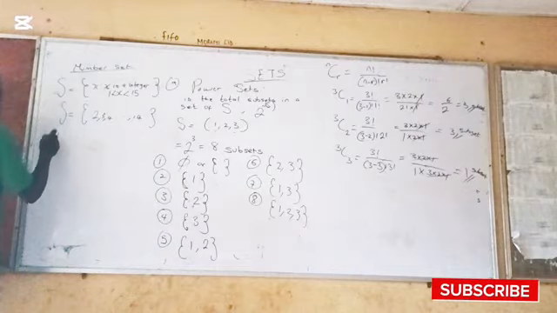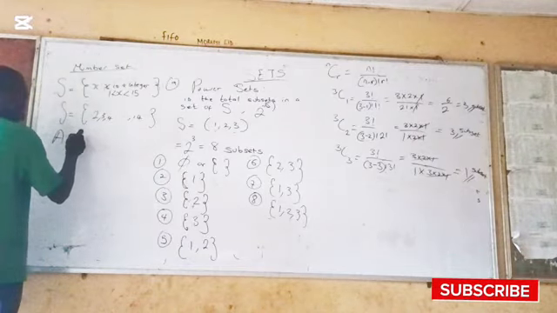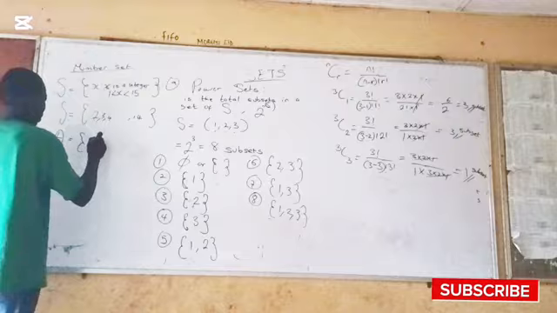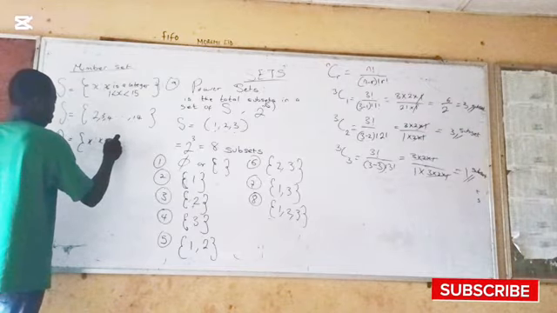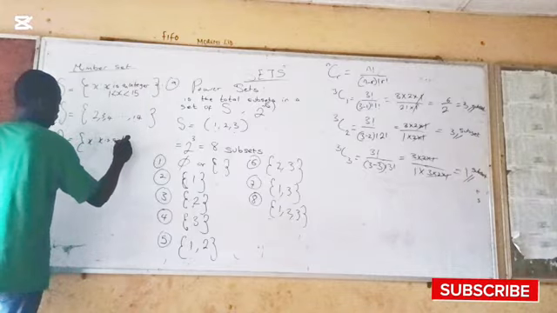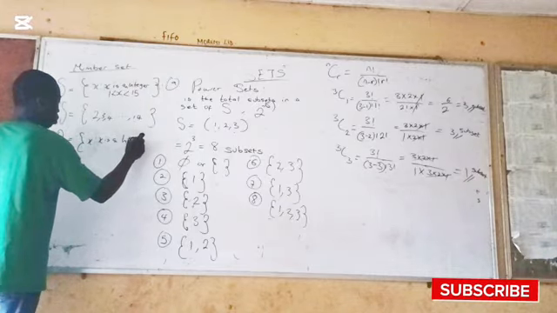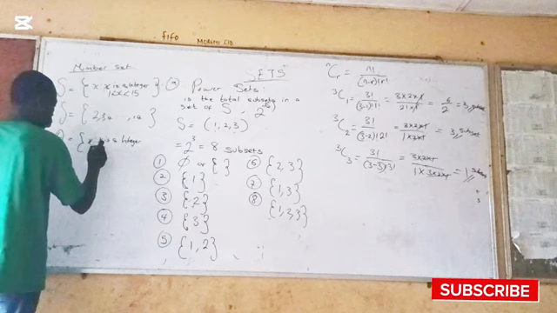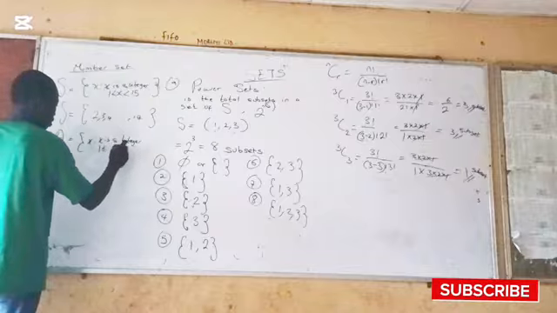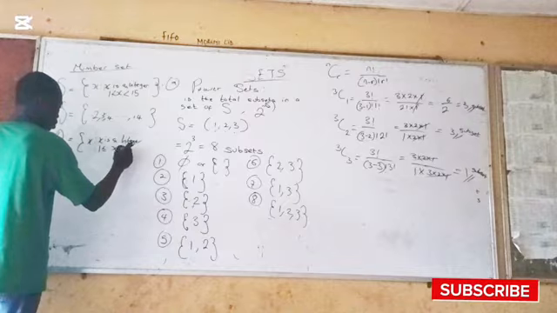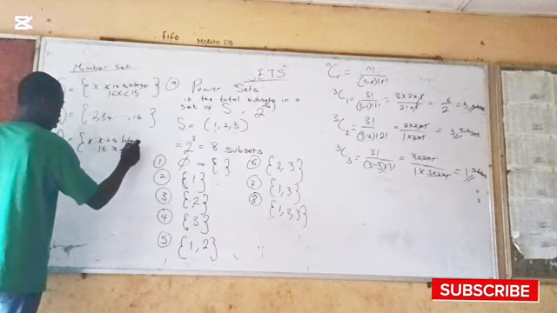But for the case, for instance, you have A equals x such that x is an integer, 1 less than or equals to x less than or equals to 6.